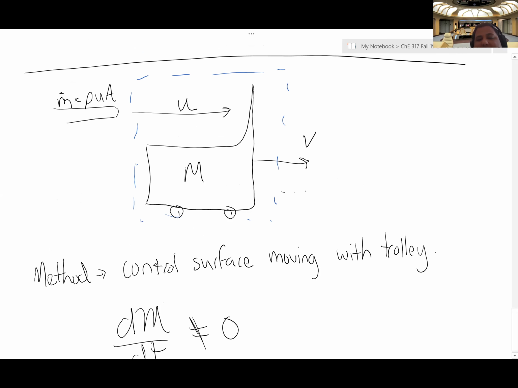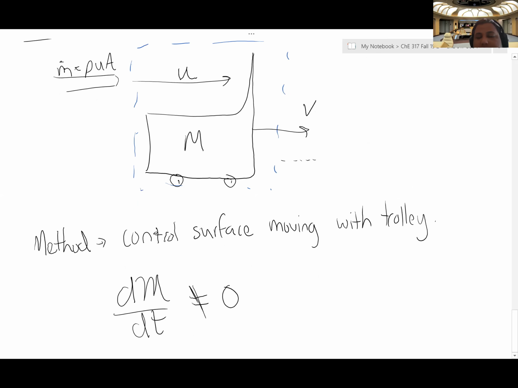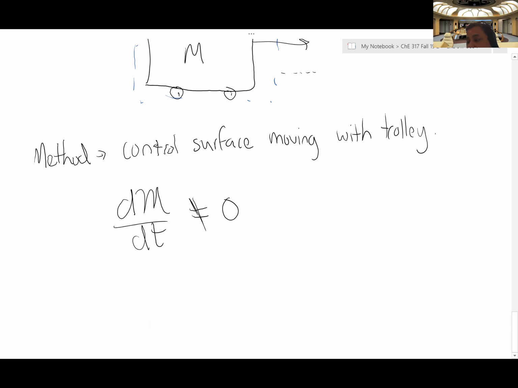Because after a certain amount of time, the trolley's going to be over here, and the jet is going to have some reduction in the momentum transfer. And so for this system, I would argue that the change in momentum would not be zero.